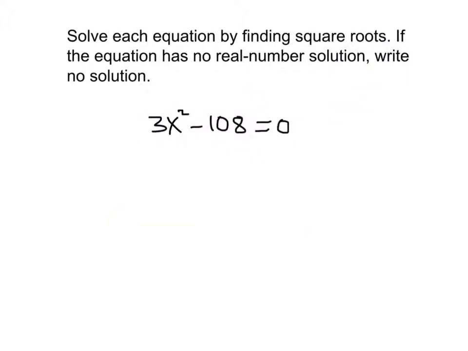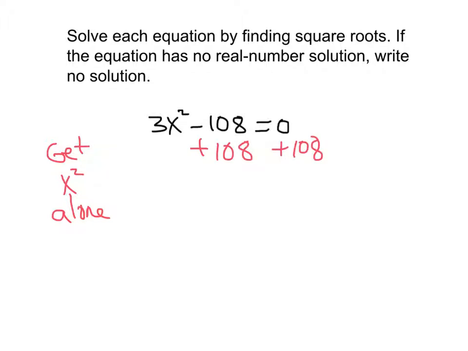In this problem, we're solving for x. So we want to first get the x squared alone. To do that, we first add 108 to both sides of the equation.